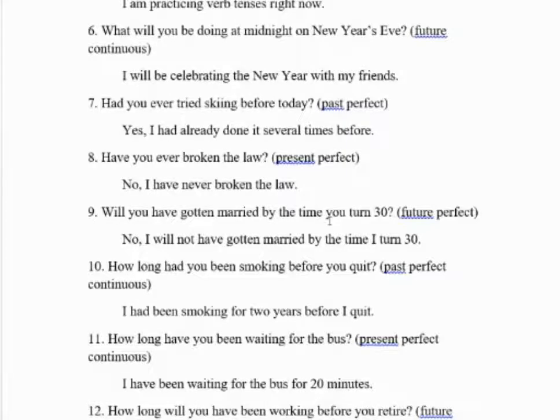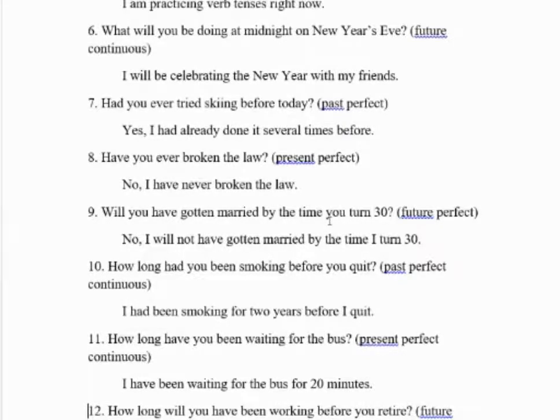Number 8, have you ever broken the law? Present perfect. No, the answer, I have never broken the law. Here, I can change the subject and ask, even in the question, because I'm asking about he, for example.